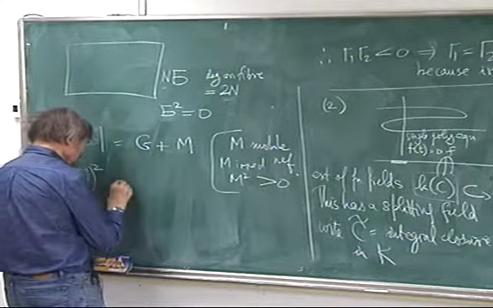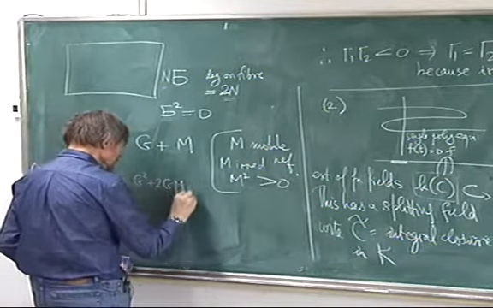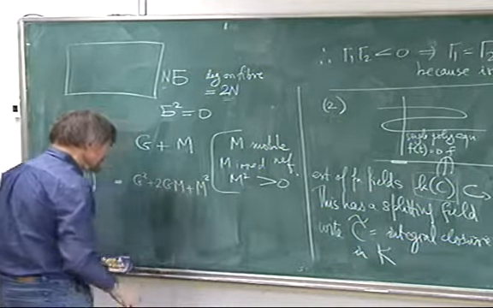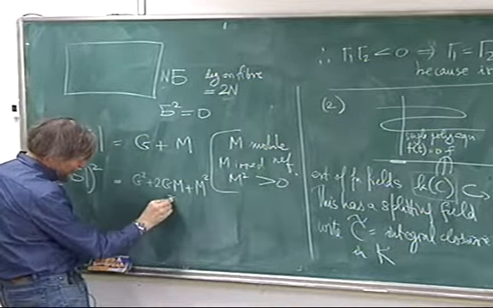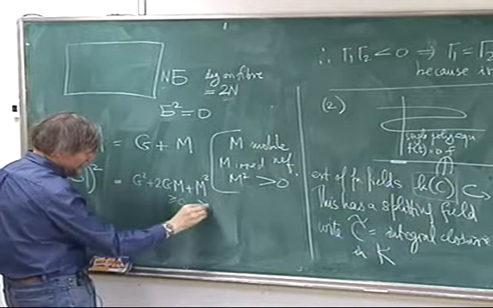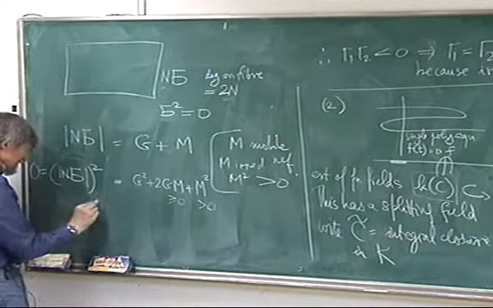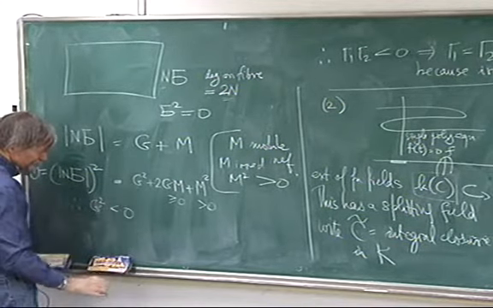But it is G squared plus 2GM plus M squared. These are effective divisors, so 2GM is greater than or equal to 0 because M is mobile, and M squared is greater than 0. And therefore G squared is less than 0.